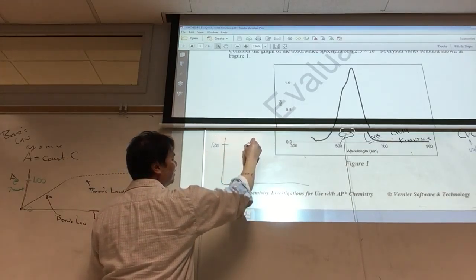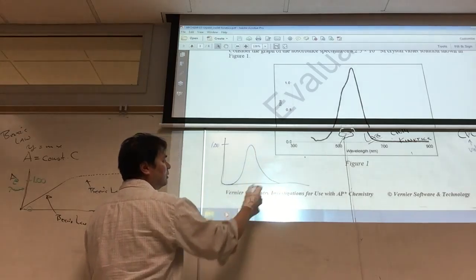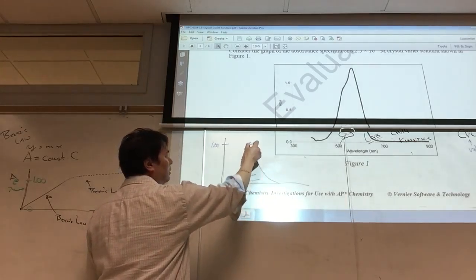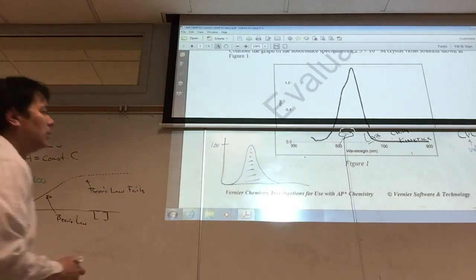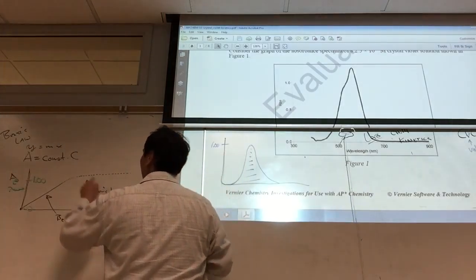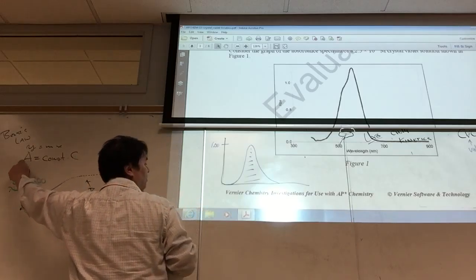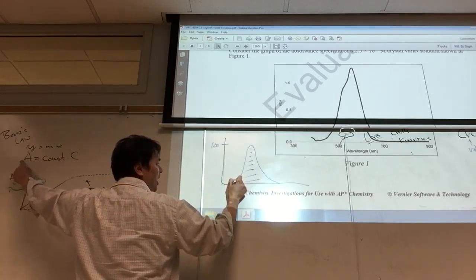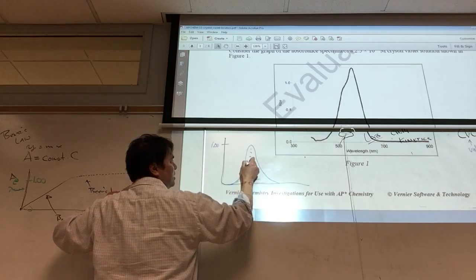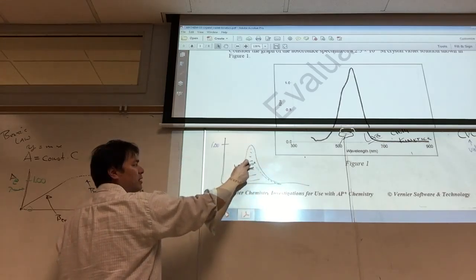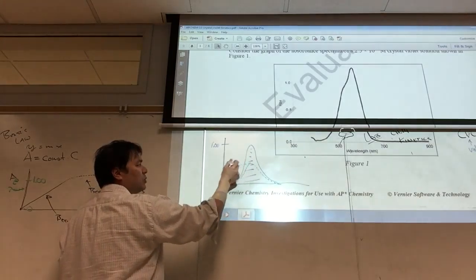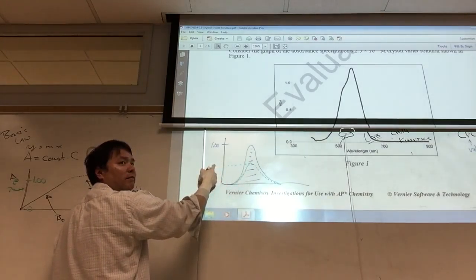Here's our peak here. If we cut the concentration in half, then what's going to happen to the absorbance? If we cut the concentration in half, the absorbance should be cut in half. So this would have half the concentration and therefore half the absorbance. So this should be absorbed at 0.5.